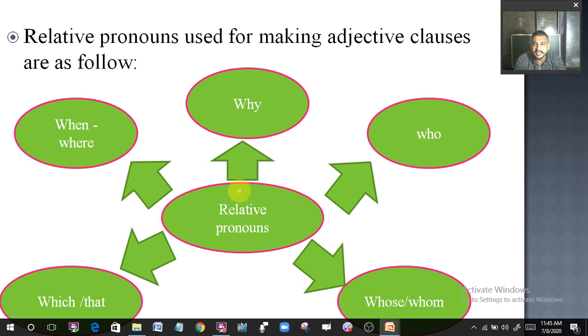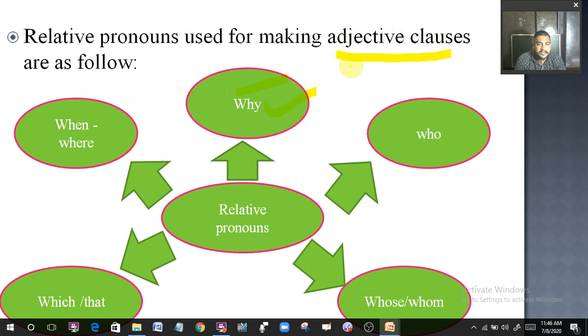Generally we think that in adverb clauses we get the answer for why, but here, when we use these relative pronouns or WH words to describe a noun or pronoun, they are relative pronouns, and those clauses which start with the WH words would be adjective clauses.